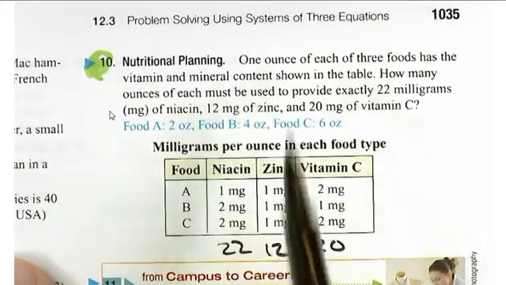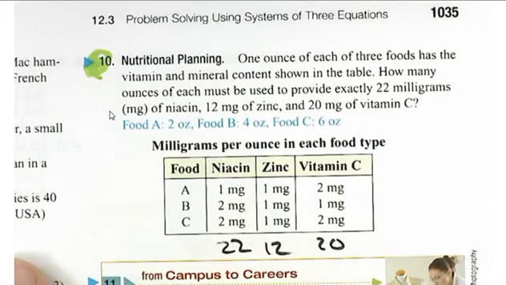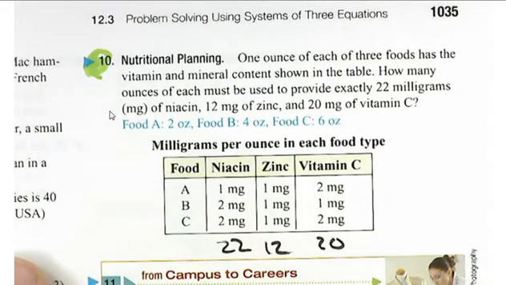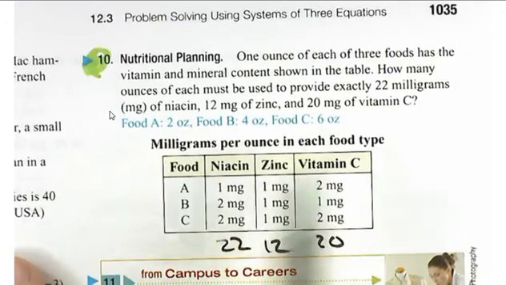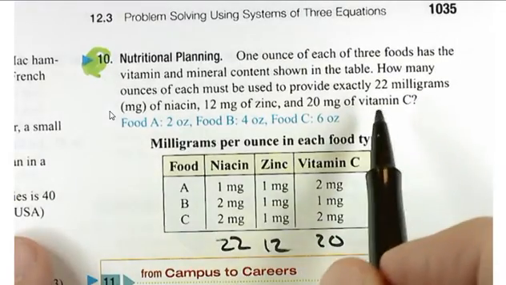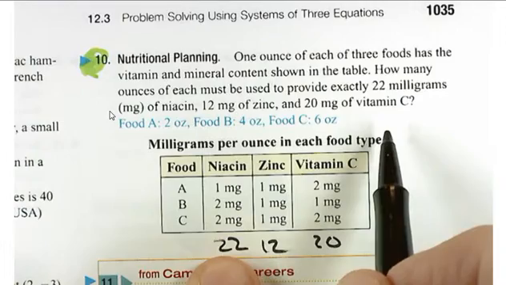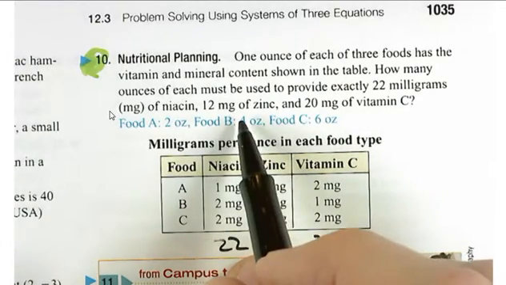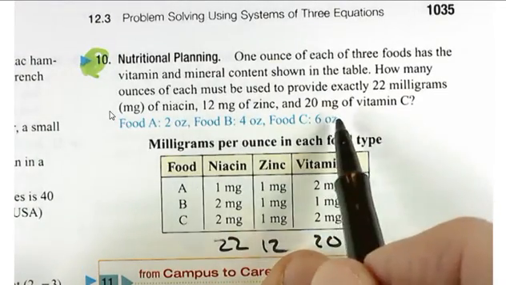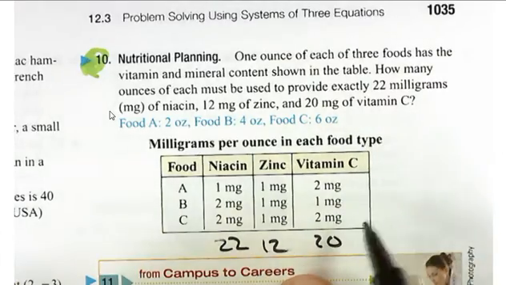We want to create a menu that's going to supply us with the following nutritional values. We want 22 milligrams of niacin, 12 milligrams of zinc, and 20 milligrams of vitamin C. So pretty heavy on the vitamin C, but that's okay.